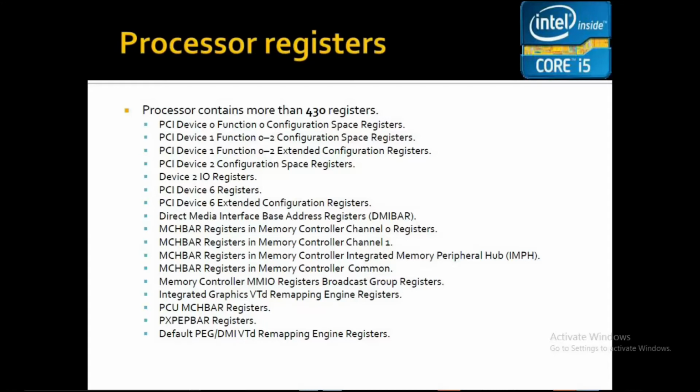Second, the PCI device 1 function 0, 1, 2 configuration space registers and extended configuration registers. Third, PCI device 2 configuration space registers. The device 2 I/O registers. Then PCI device 6 registers and PCI device 6 extended configuration registers.